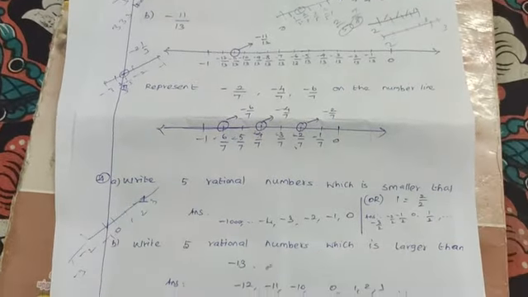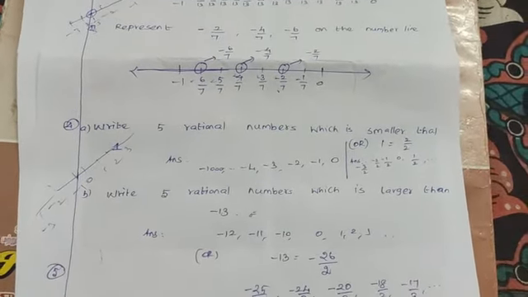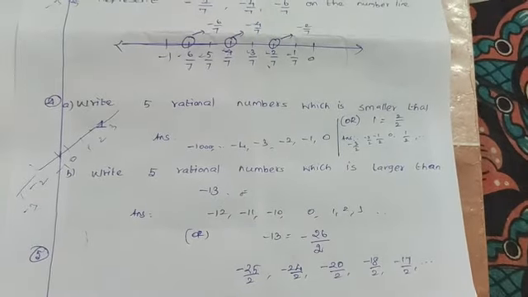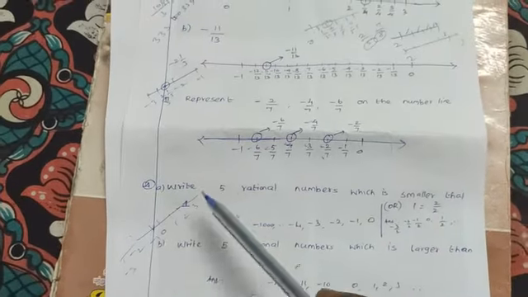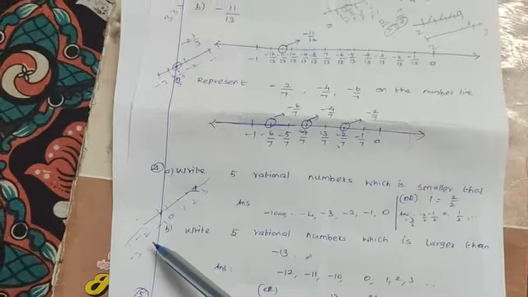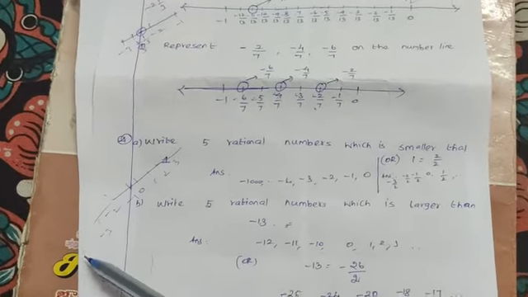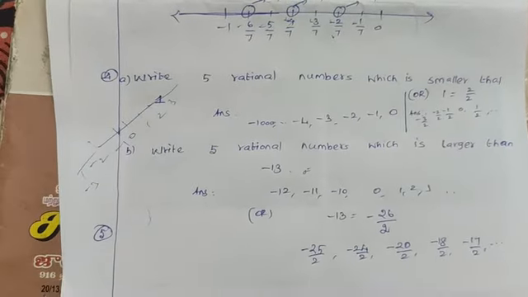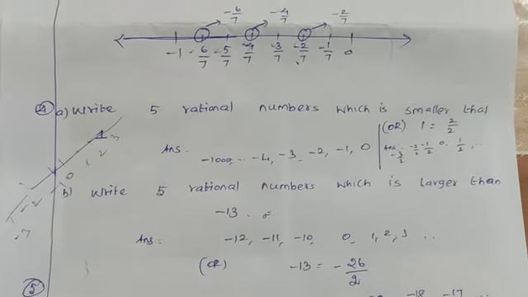Now suppose we need to write a whole number, we can write it directly, easily. So here 0, -1, -2, -3, -4 and so on. So -1000, -2000, -3000 also you can write.